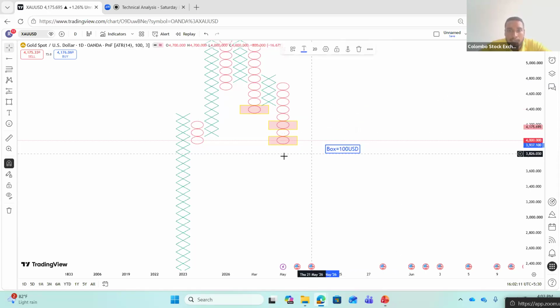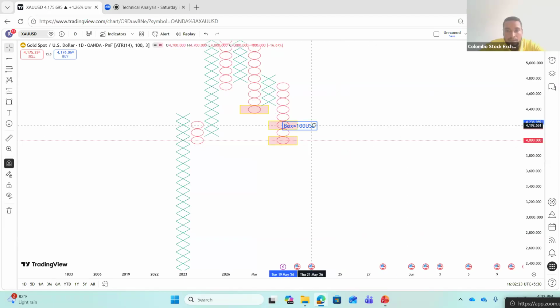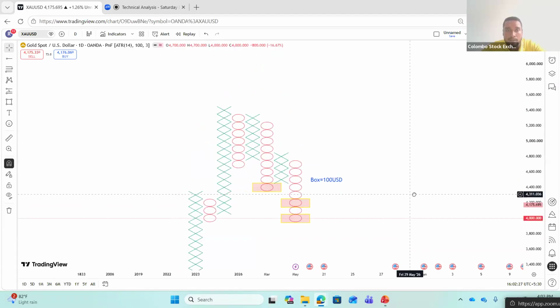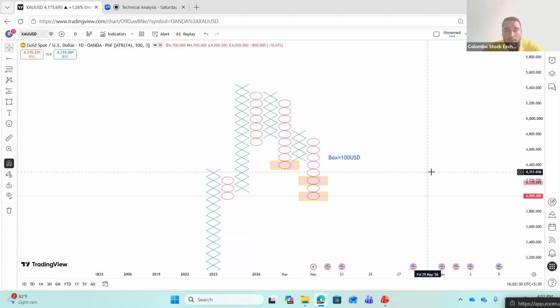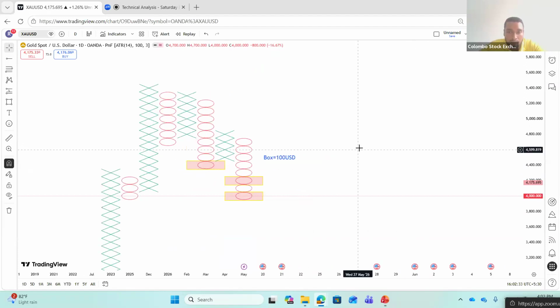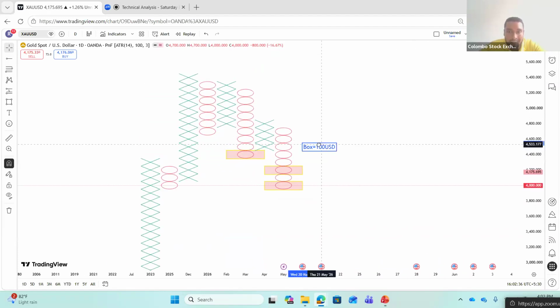So there are boxes everywhere, and within a box there can be an X or O during this price interval, right? Not the time frame. We don't refer to time frames in point and figure charts. We only refer to price range.